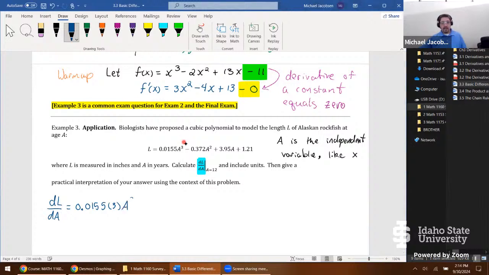New exponent is power 2. Then rinse and repeat, much like we did on the example above. We take the old coefficient, negative 0.372, multiply it by the old exponent, which was 2, by that red dot. Then the new power of A is power 1. So I'll just leave that with a blank position here to indicate power 1.